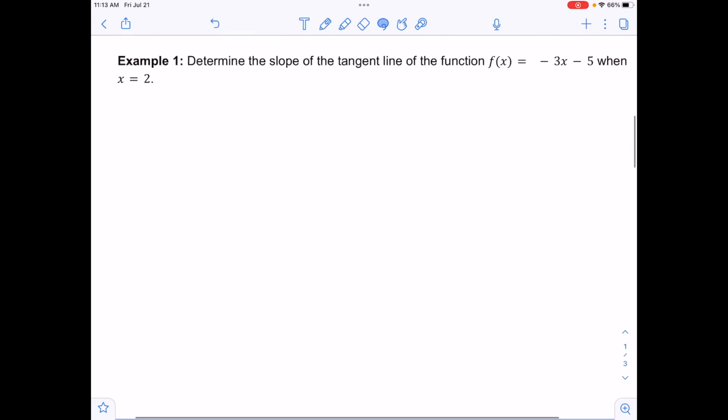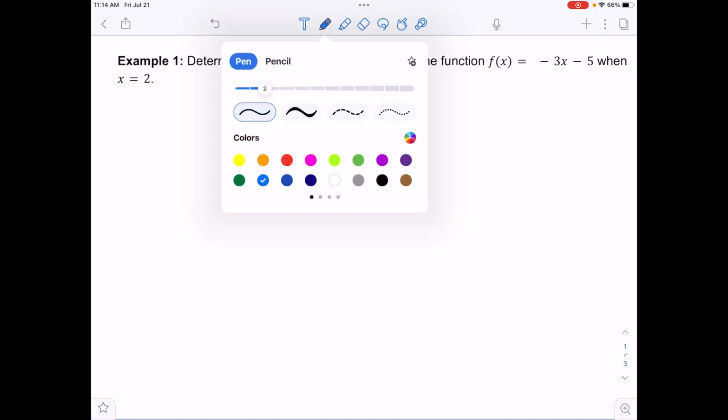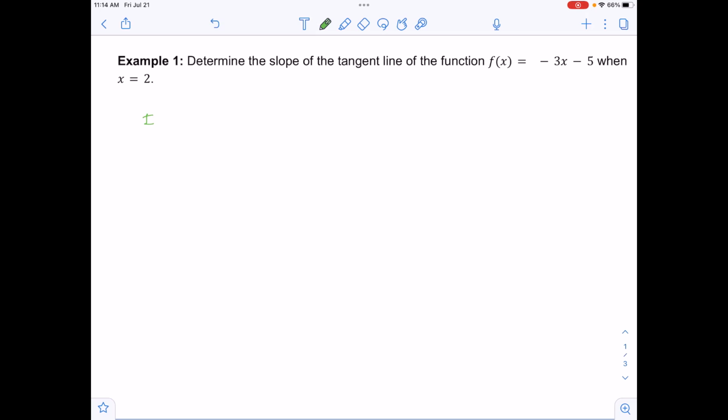Determine the slope of the tangent line of the function f of x is equal to negative 3x minus 5 when x is equal to 2. Okay, we're going to start by saying, well, my IROC, and I'm just going to use the formula we just developed. Limit as h approaches 0 of f of a plus h, take away f of a, divided by h.